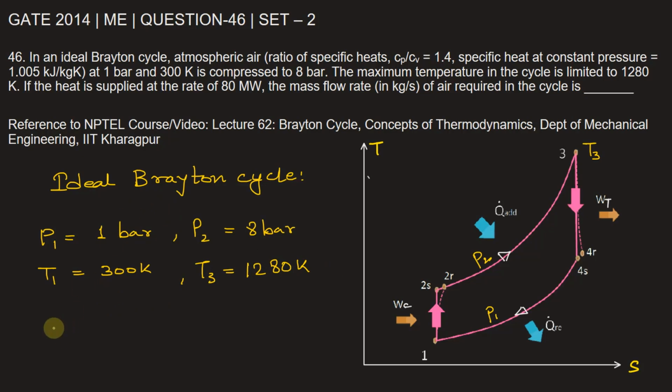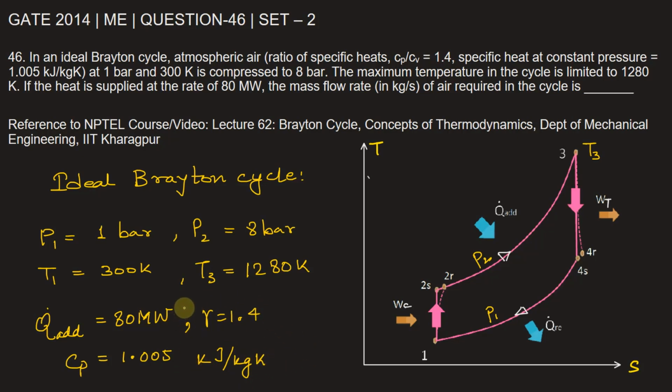Also, the heat added into the system is 80 megawatt. The specific heat ratio gamma is 1.4 and the specific heat at constant pressure Cp is 1.005 kilojoule per kilogram Kelvin. These information are available in the problem.